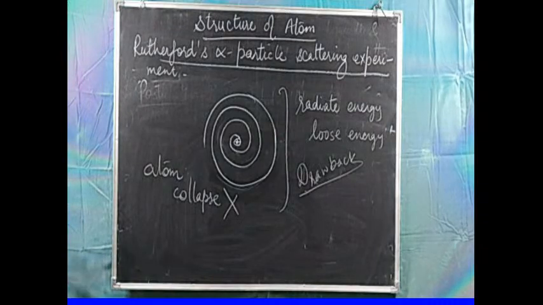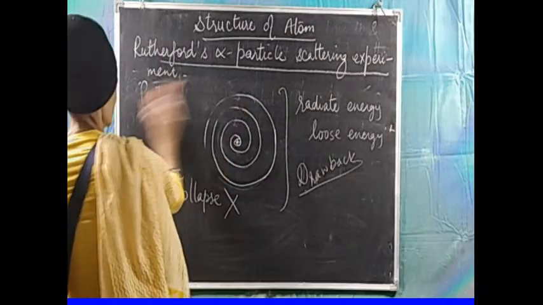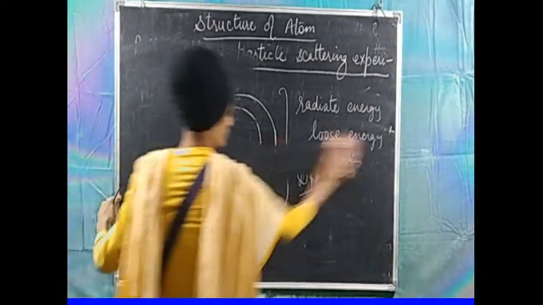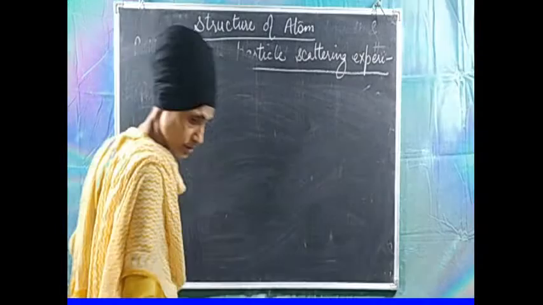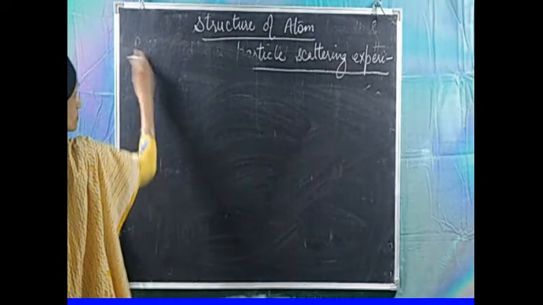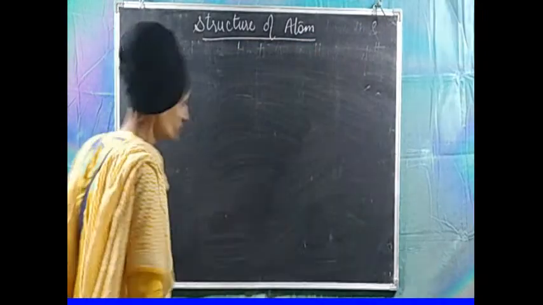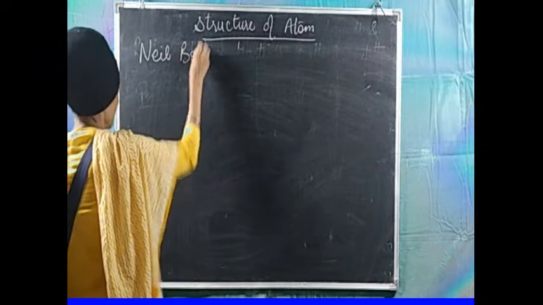After that came Bohr's model. After the failure of Rutherford's model, Niels Bohr gave a theory. A great scientist he was.